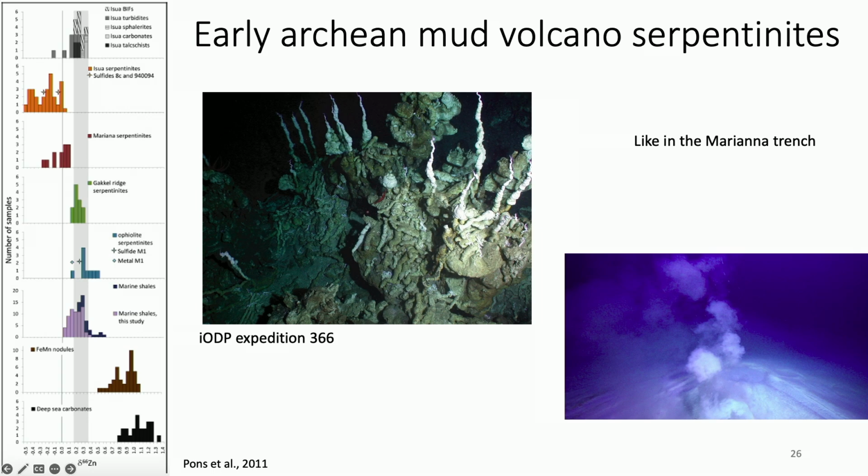Then you have the signature of a mid-oceanic ridge, of ophiolite, of some marine shells, of something else here that you can potentially read, as some pebble nodules, and here the deep sea carbonates. What's really interesting is to see that these Isua serpentinites have a signature very closely related to the Mariana serpentinites, and there's really no other way to interpret it.